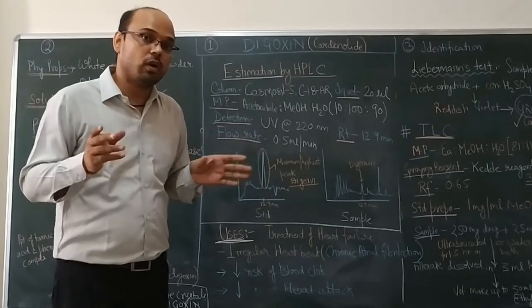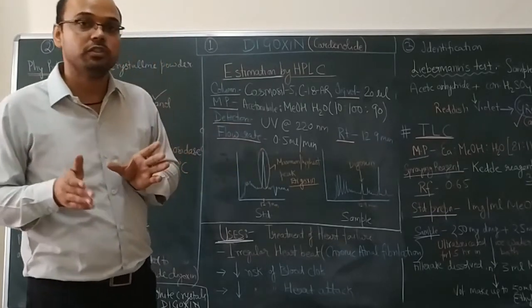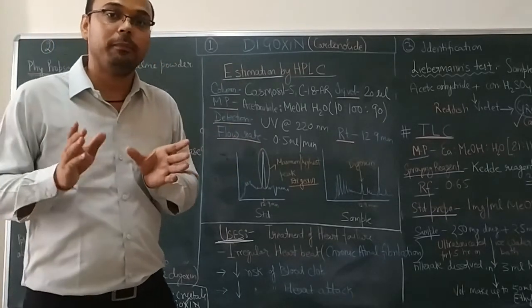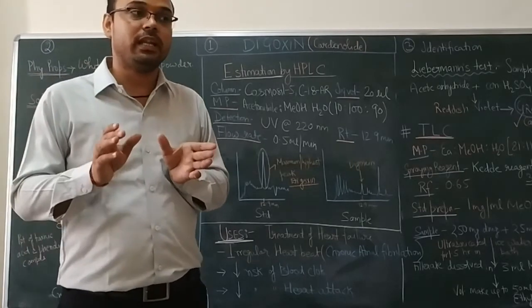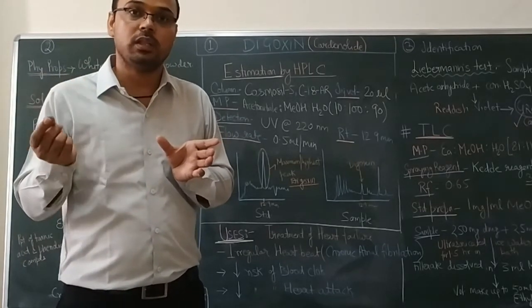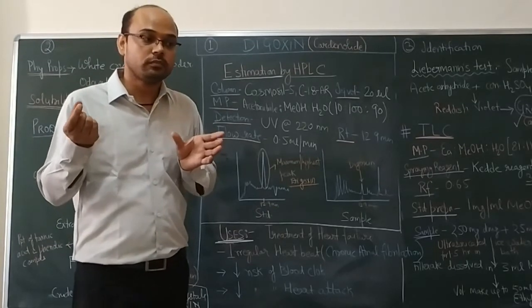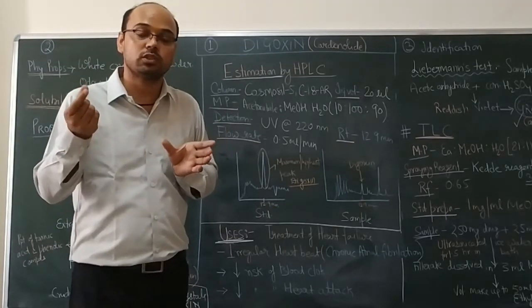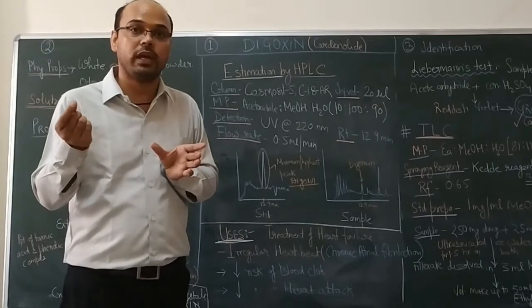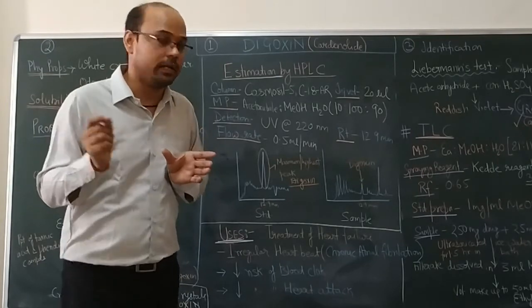The flow rate for the analysis was maintained at 0.5 ml per minute. This means that from the final outlet, you get the solvent at a flow rate of 0.5 ml per minute.